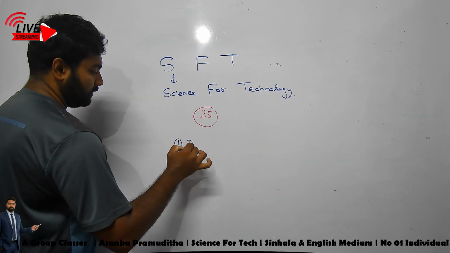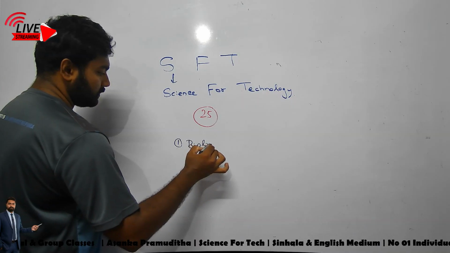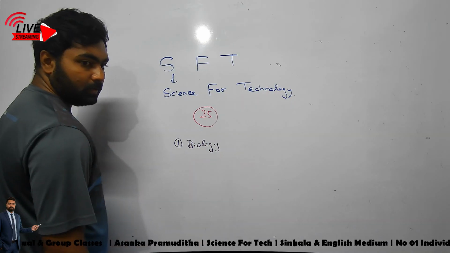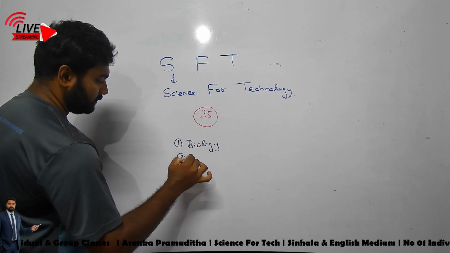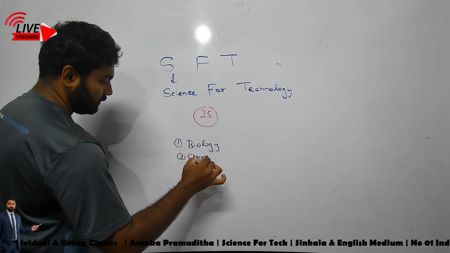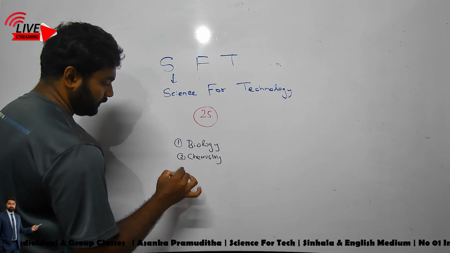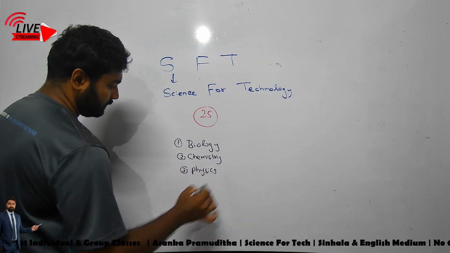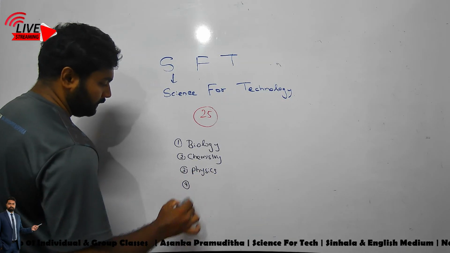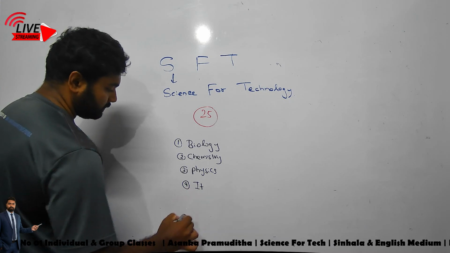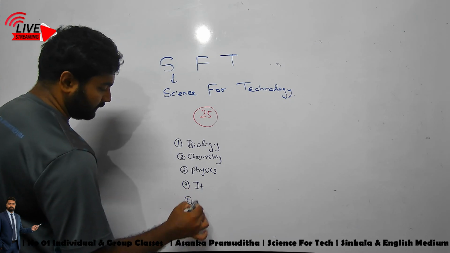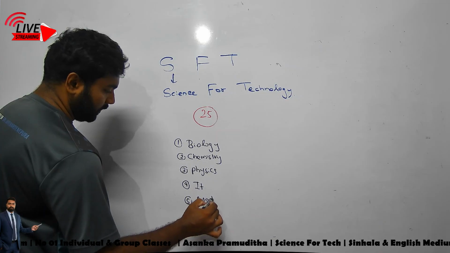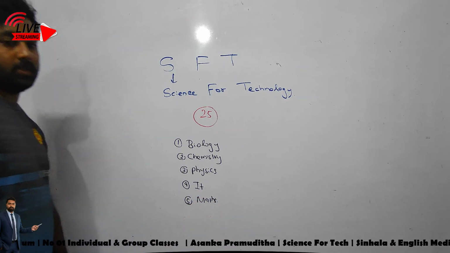First one, we have the biology part. Second one, we have the chemistry part. Third one, we have the physics part, and fourth one, the IT part. Fifth one, we have the maths part.